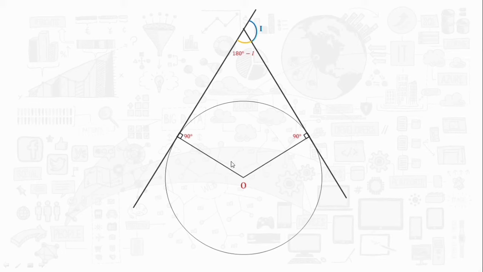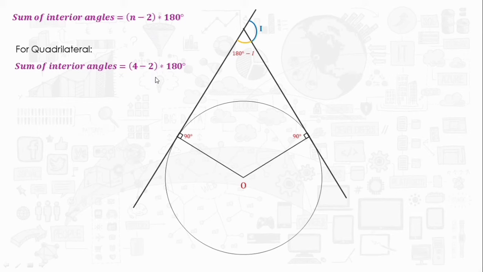Now, what is the sum of the interior angles of a quadrilateral? The sum of interior angles of a polygon is given by the formula n minus 2 times 180 degrees, where n is the number of sides. For a quadrilateral with 4 sides, it is 4 minus 2 times 180 degrees.